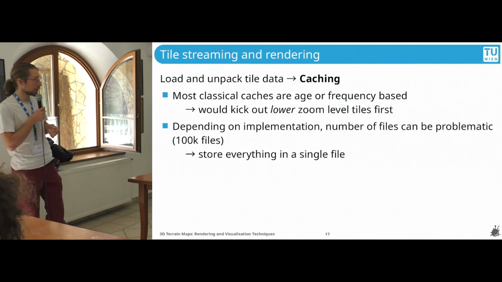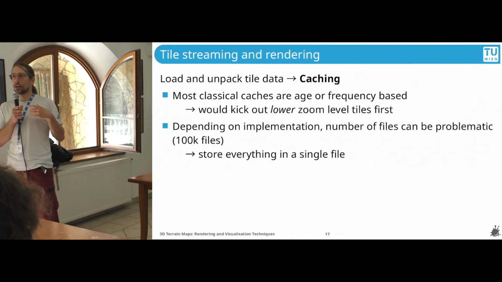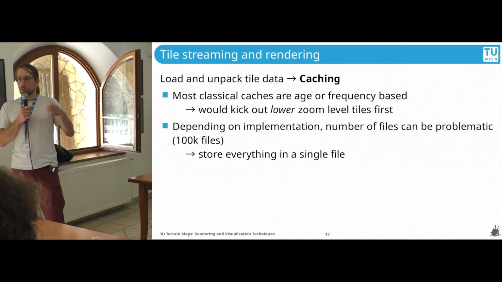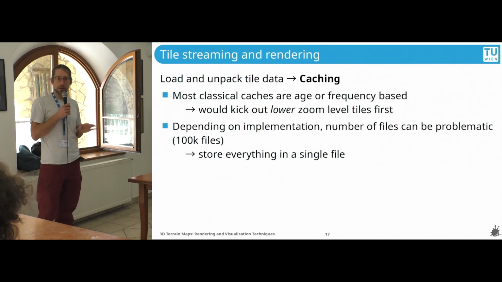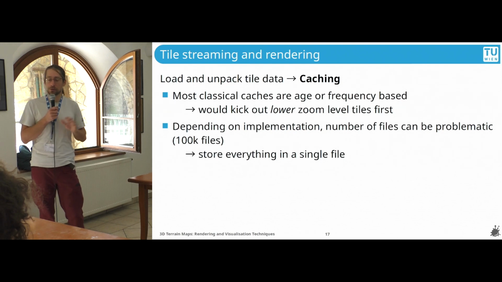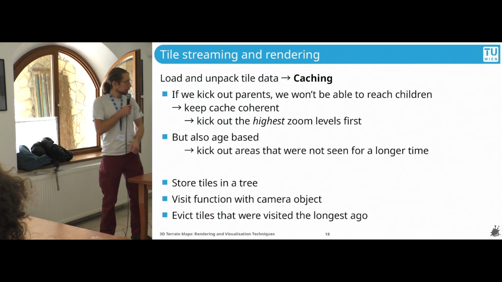I don't know, maybe there was a memory leak or something, but 100,000 files is also not exactly good for the file system. You talk a lot to the operating system about which files you want to write. It's simply not optimal, and all of these files are something like 16, 20 kilobytes in size. So this is simply not optimal.